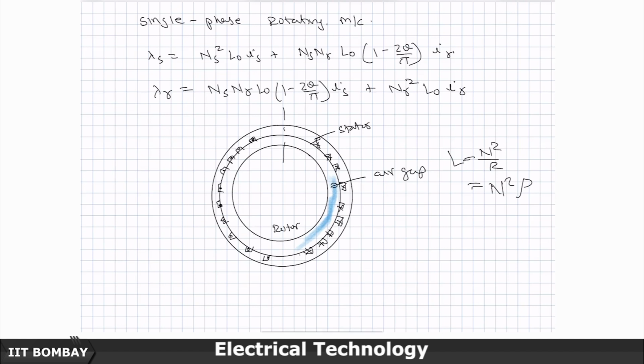So, this is the magnetic axis of the stator. This will not change because the stator winding is not rotating, but the magnetic axis of the rotor I am going to draw at some angle here. The figures are not up to the mark, but it is okay. We are only doing a depiction.